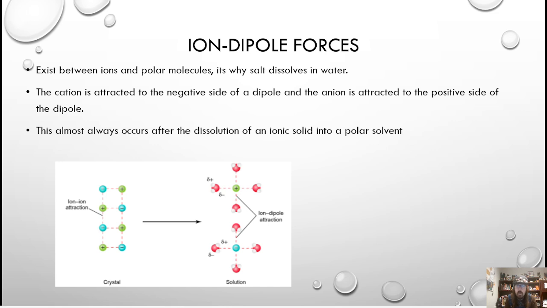You need a strong interaction in order for this to go, and you can't get much better than ion dipole unless it's ion-ion. Now the cation is attracted to the negative side of the dipole, and the anion is attracted to the positive side of the dipole. So this is the force that comes after an ionic solid dissolves in a polar solvent.